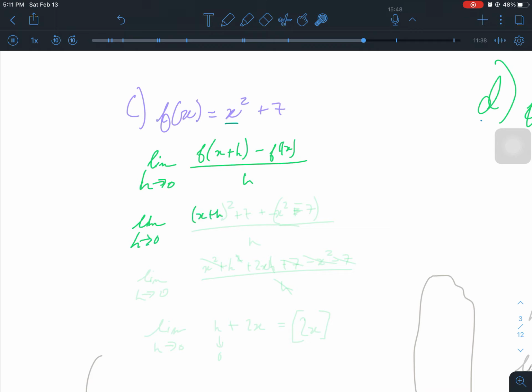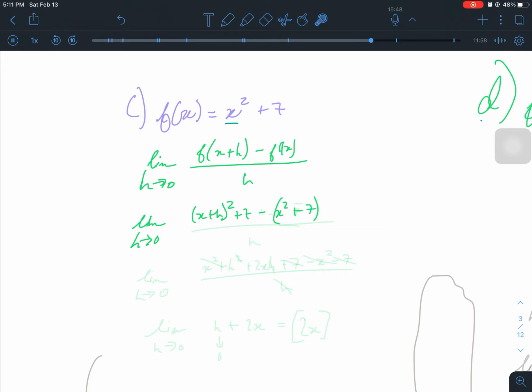It's x plus h squared, because x plus h is just x. You substitute it for x, right? And then, oh, we forgot the plus 7.